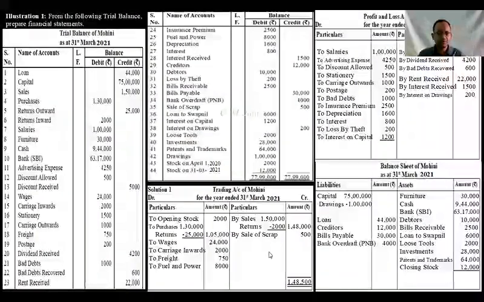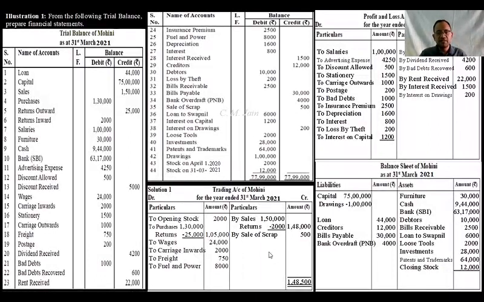What about debit total? $141,750. Now find out difference between the two totals, and debit side is short.